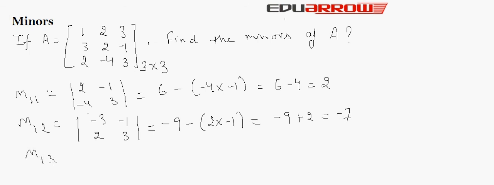M of 1 3, first row and third column, is equal to minus 12 minus 4, which will also be minus 3, this will become positive. This will come out 8.